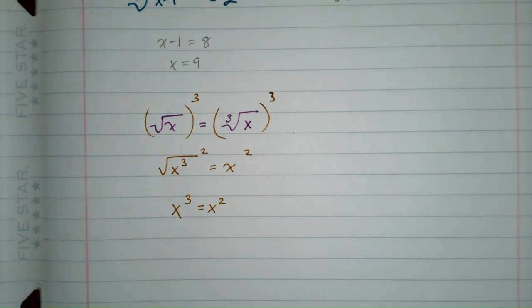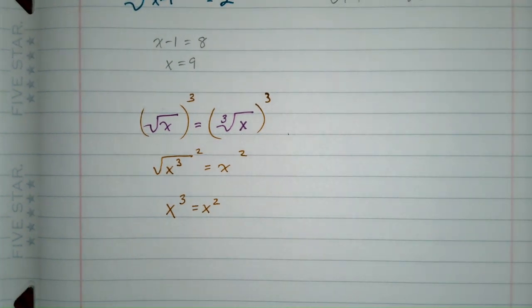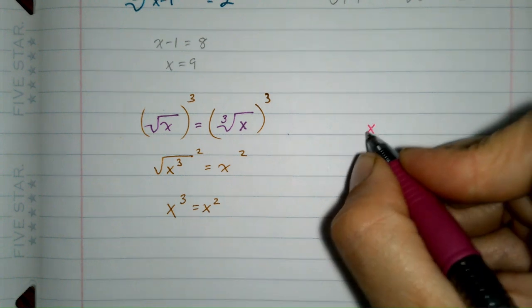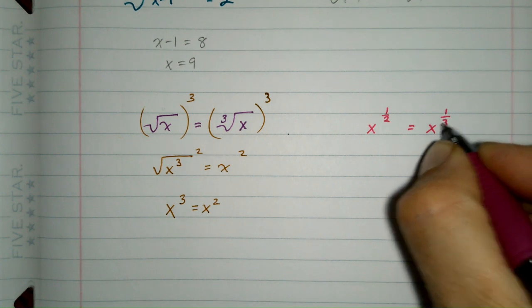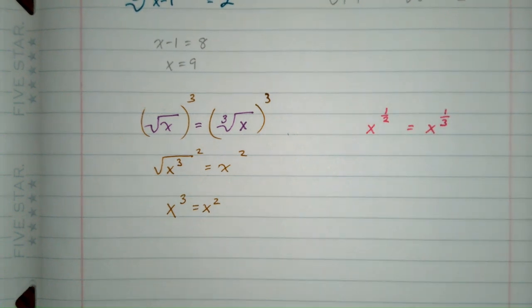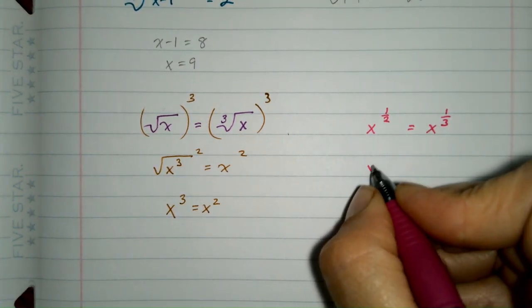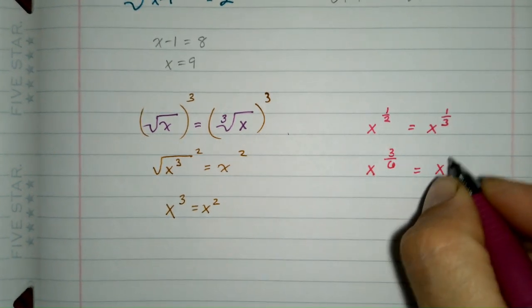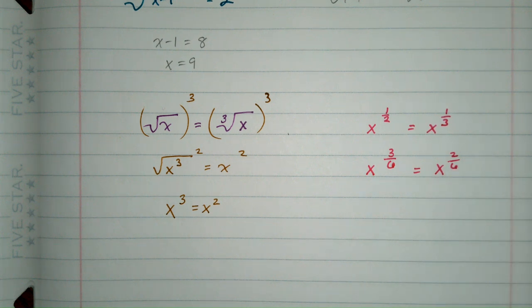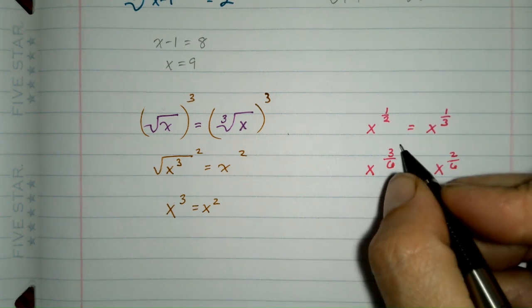Or instead of in 2 steps, I could have rewritten this as x to the 1/2 equals x to the 1/3, right? Using those inverse powers. I'm going to give them a common denominator, 3/6 and 2/6. So really the inverse power is to get rid of dividing by 6.